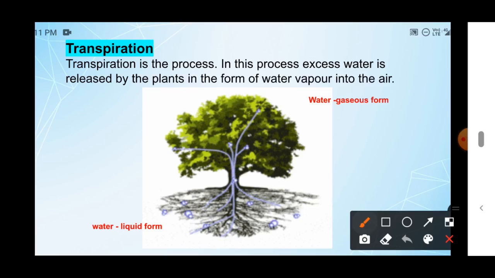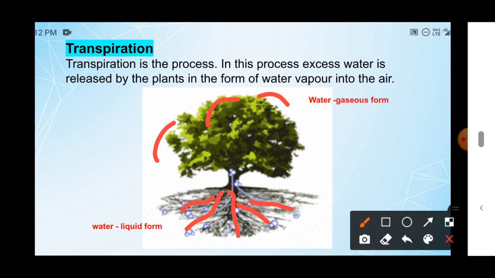See here, the plant absorbs water from the roots, and this water is released by the plants in the form of water vapor. This process is known as transpiration.